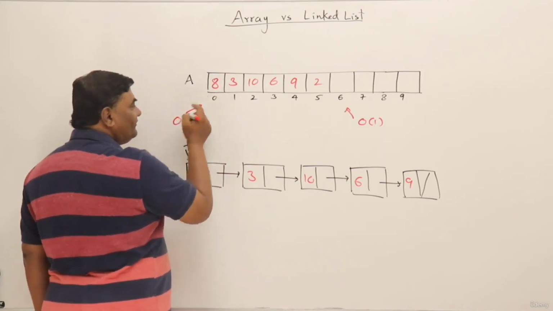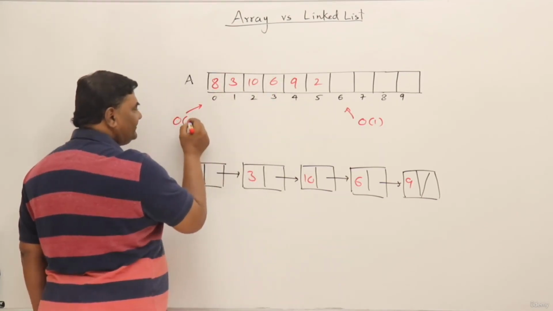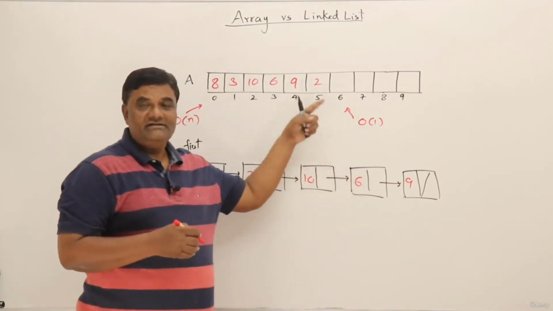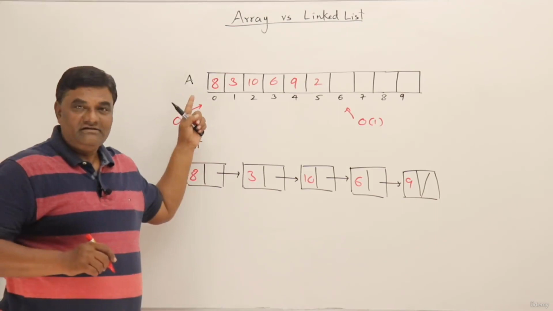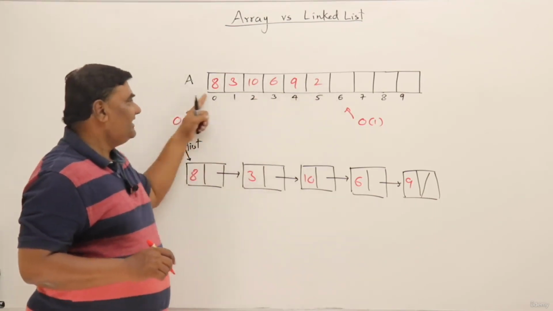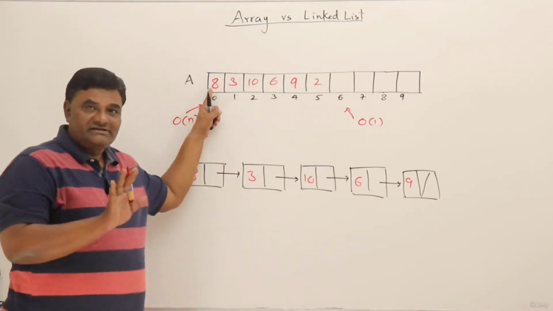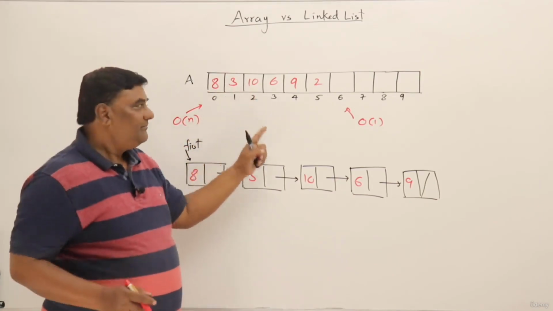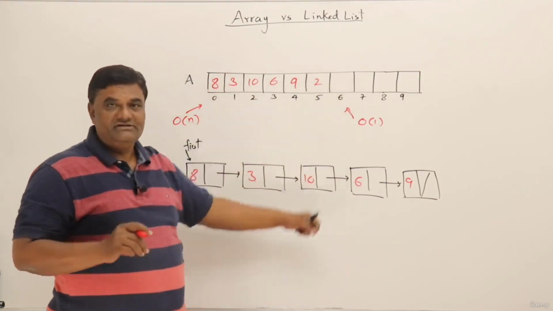For shifting elements, it takes time, so it's order of n. So inserting that side is 1 and inserting this side is n. So this is minimum to maximum. If you insert here, it's n. A little less than n, but still we say n only. But here it is always constant.